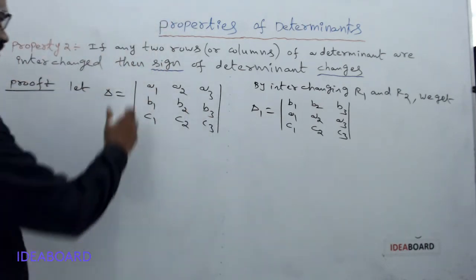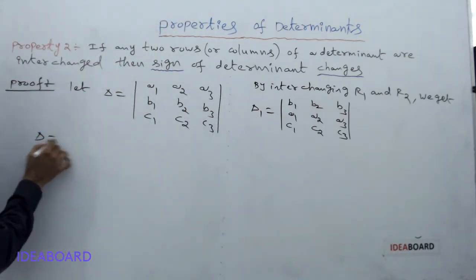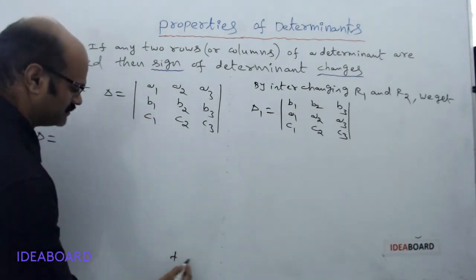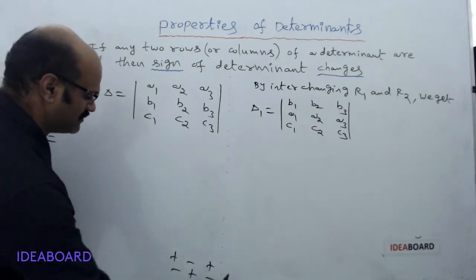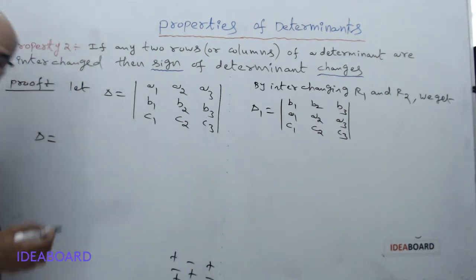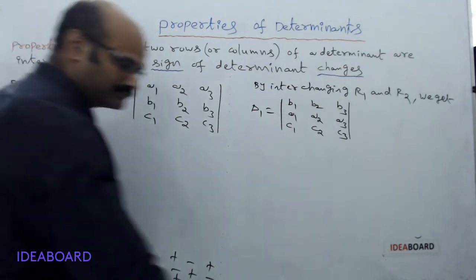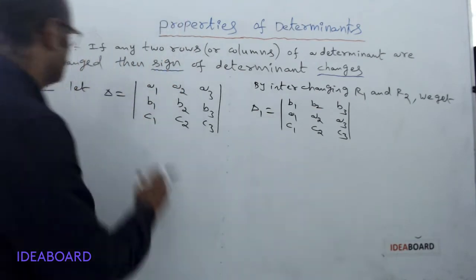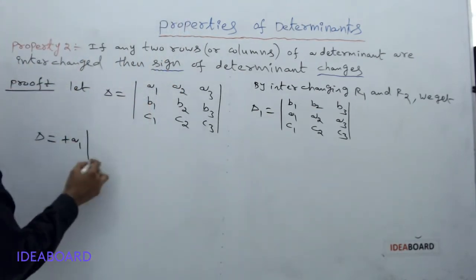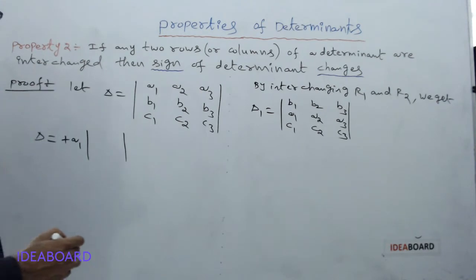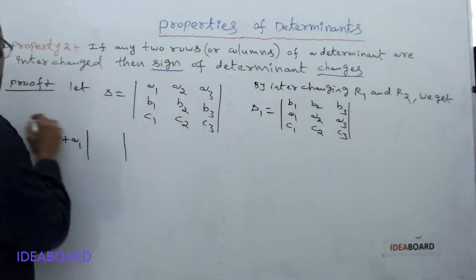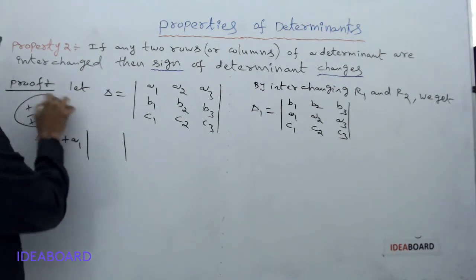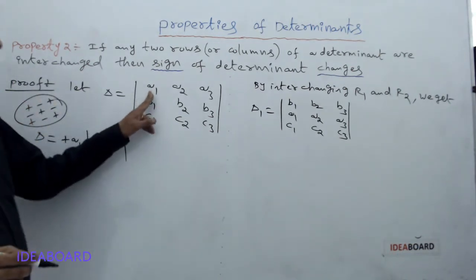If we want to simplify this delta, we have to take the signs plus, minus, plus, minus, plus, minus, plus, minus, plus. Now expand along R1.